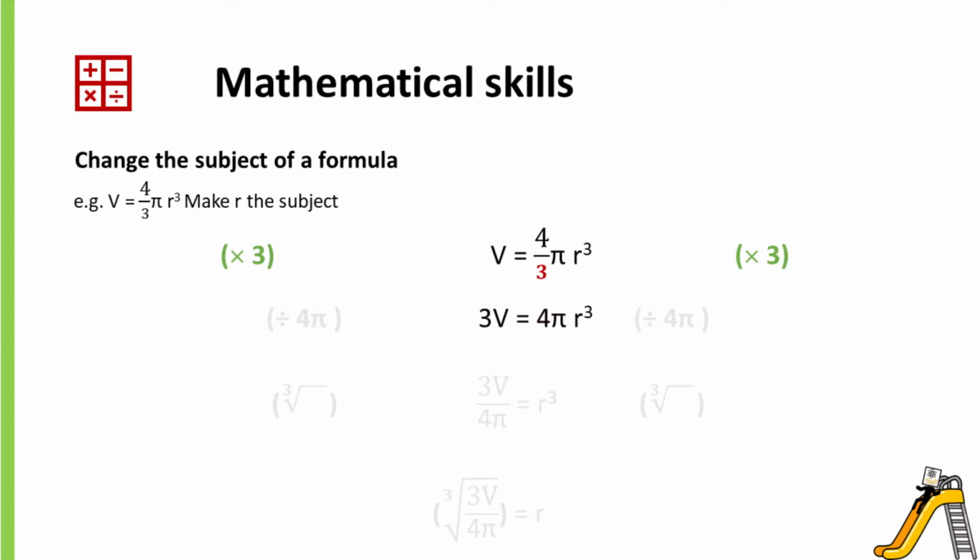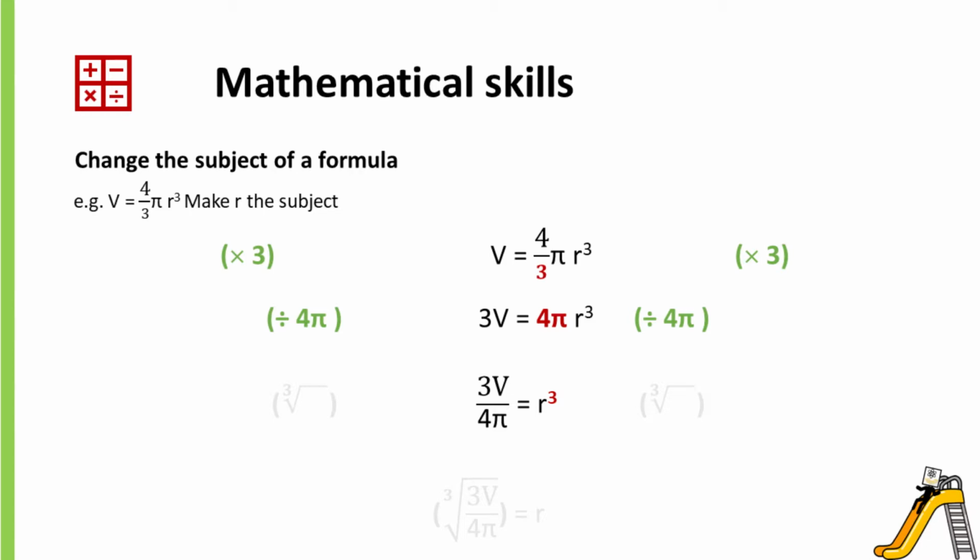Now we need to remove the 4 pi on the right hand side in order to leave the r cubed on its own. And how we do this is we divide both sides by 4 pi. What that gives us is the right hand side is now r cubed on its own, and the left hand side has got 3v divided by 4 pi. Now we need to consider what is the opposite of a cube.